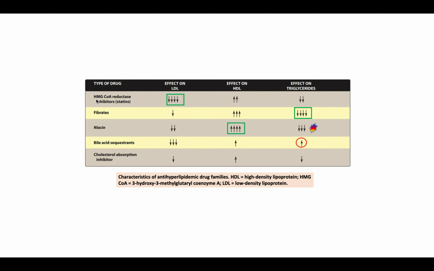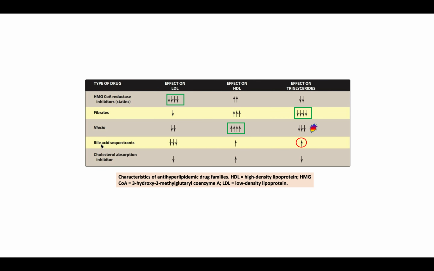Okay, so just as a review, the statins are going to be HMG-CoA reductase inhibitors, going to decrease LDL the most. It's going to somewhat increase the HDL and somewhat decrease triglycerides. Fibrates are going to mostly work on decreasing the triglyceride. Niacin is going to increase the amount of HDL, but it's going to also decrease the triglyceride.